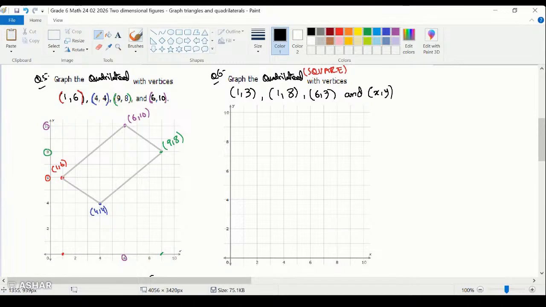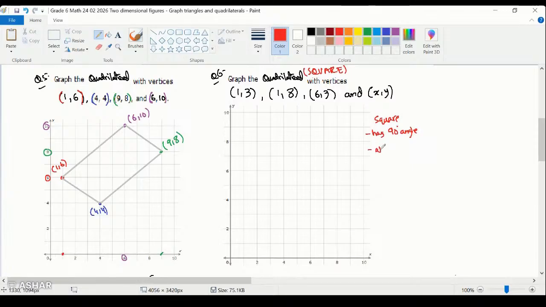Okay, since we know a square will be made of 4 coordinates, right? And we know the definition of a square: a square has 90-degree angles, right?